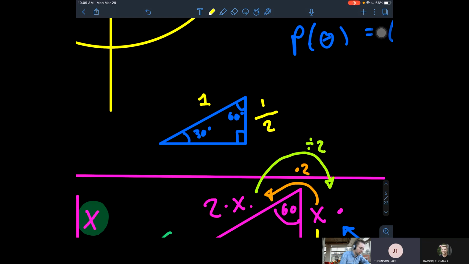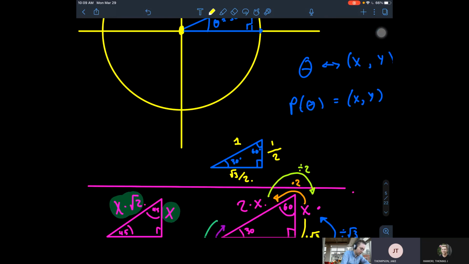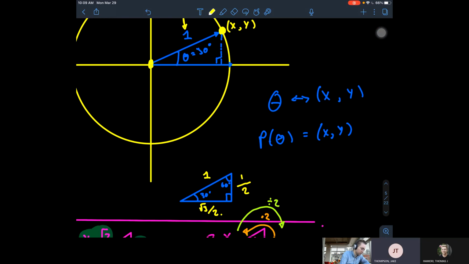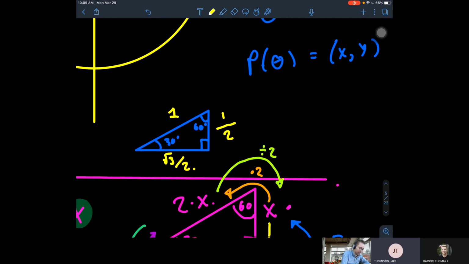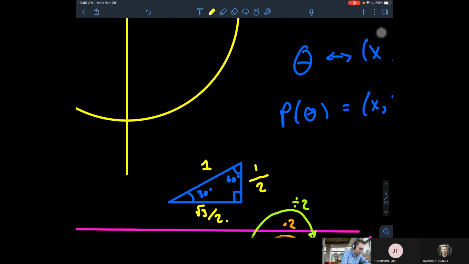One over 2 times the square root of 3, which would equal square root of 3 over 2, I think. Yeah. You don't gotta think, you got it perfectly right. I tend to second guess. That's okay. Lots of people do that with math, myself included.